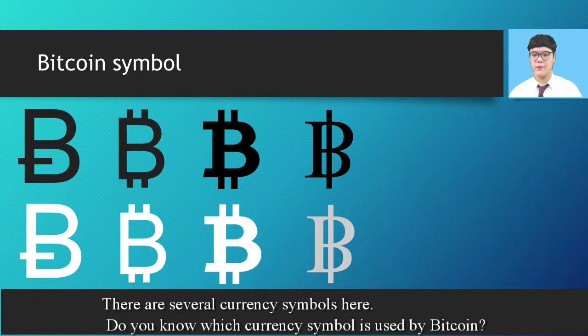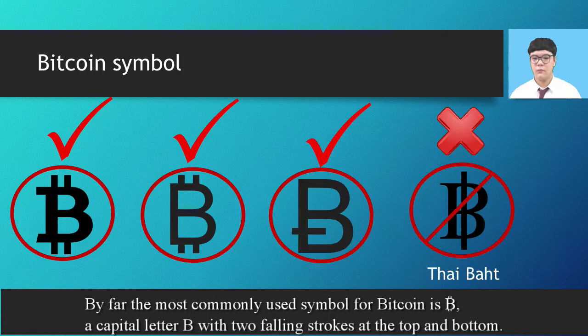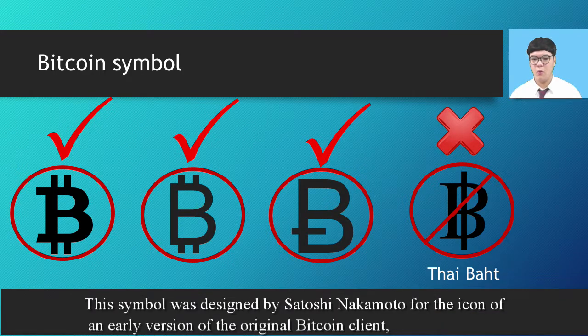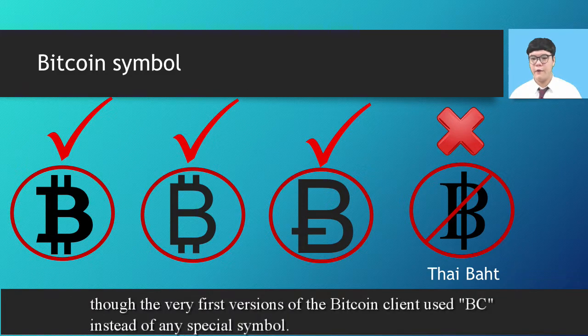There are several currency symbols here. Do you know which currency symbol is used by Bitcoin? By far the most commonly used symbol for Bitcoin is a capital letter B with two falling strokes at the top and bottom. This symbol was designed by Satoshi Nakamoto for the icon of an early version of the original Bitcoin client, though the very first versions of the Bitcoin client used BC instead of any special symbol.